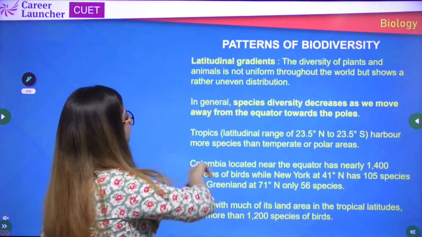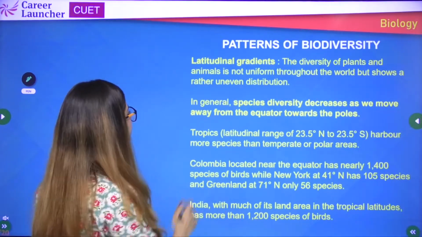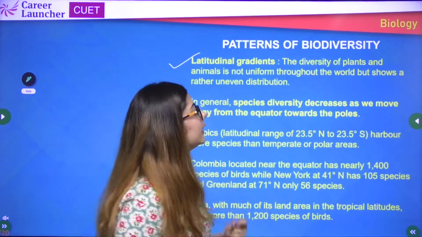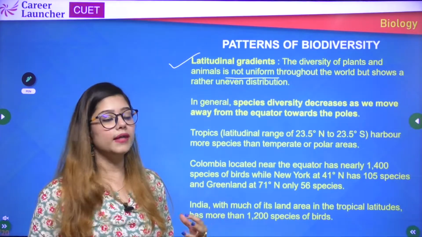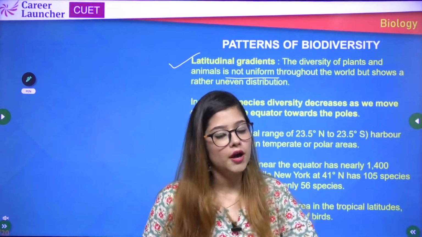Right? Next we look at the patterns of biodiversity. First is latitudinal gradients. So the diversity of plants and animals is not uniform throughout the world, but it shows a sort of uneven distribution, right?